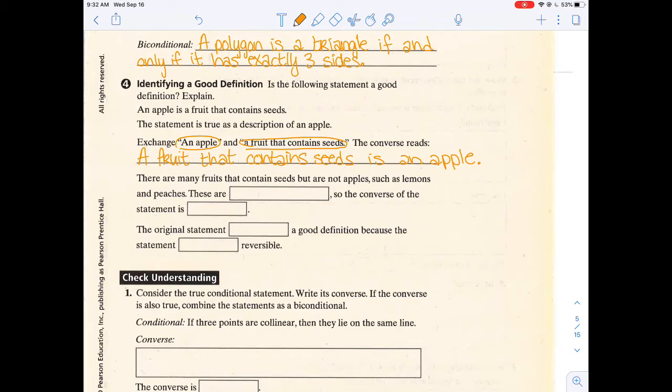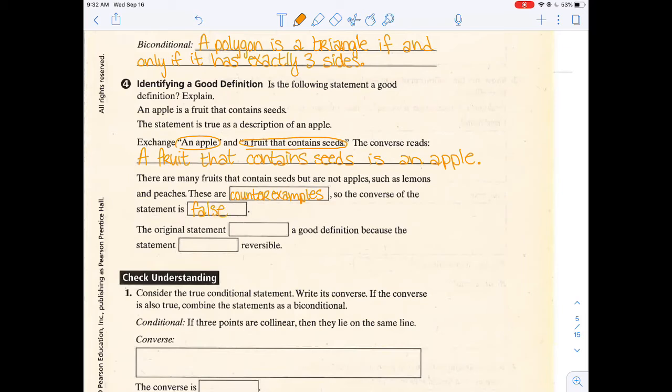If the fruit contains seeds, does it always end up being an apple? No. There's all kinds of fruits that contain seeds. There are many fruits that contain seeds but are not apples, such as lemons and peaches. These are counterexamples because they prove it wrong. So the converse of the statement is false.